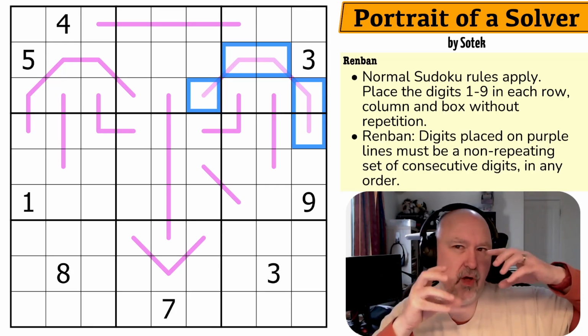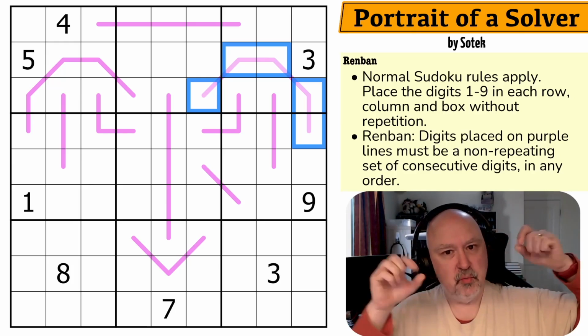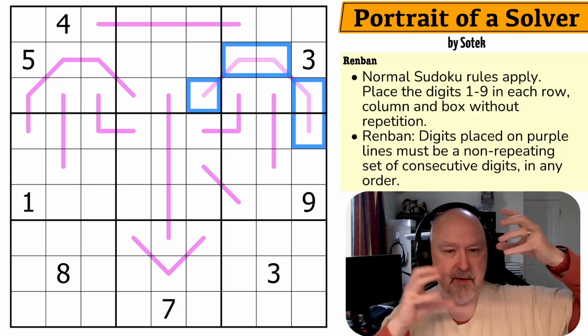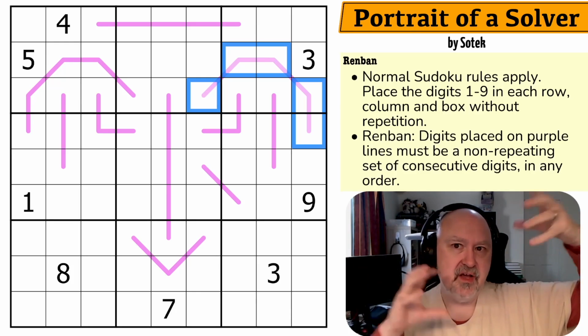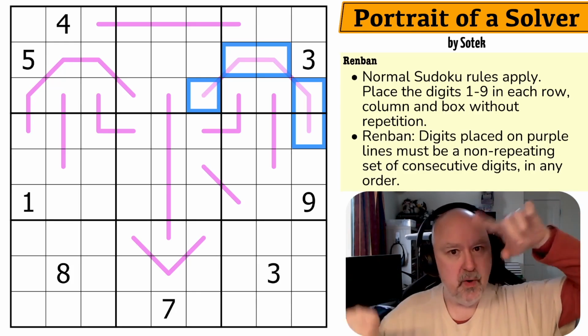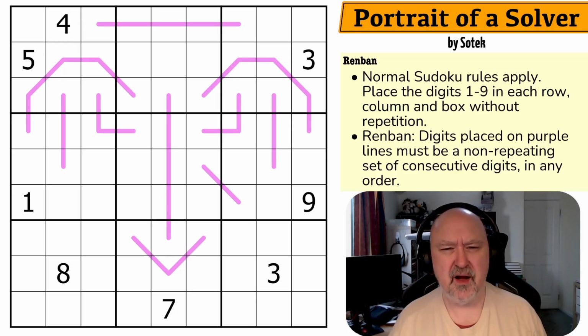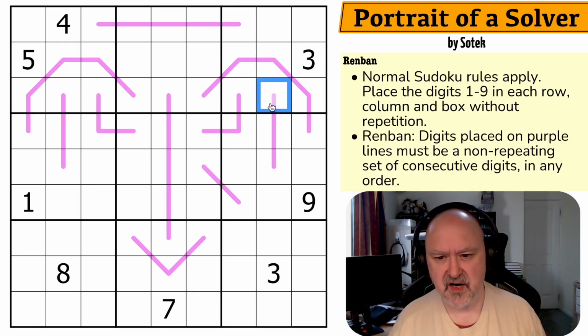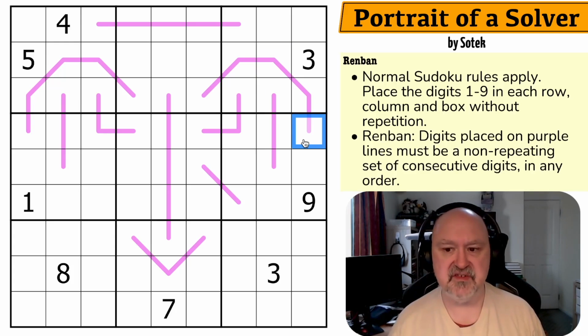So the smaller lines constrict the digits on them more, but as the line gets longer, you have more flexibility about where those digits can go. Renban is weird. Hopefully, I've explained that well. As long as the digits on the line can be taken off and sorted into a single run of digits, that's what you need to be able to do.